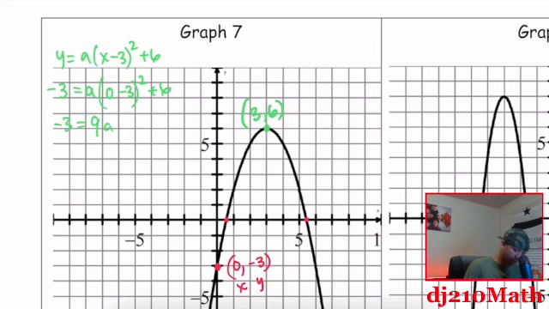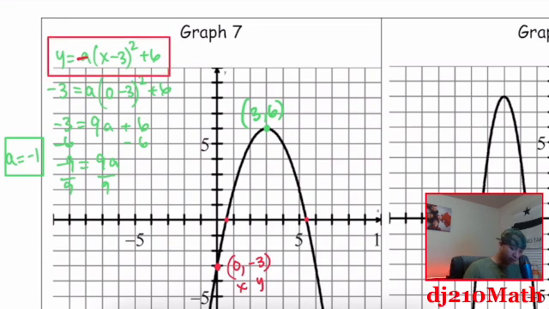So 9a plus 6. So minus 6, that's negative 9 equals 9a. So a is equal to negative 1. You don't even need to put the 1. There's no x-intercept form, so we skip that.